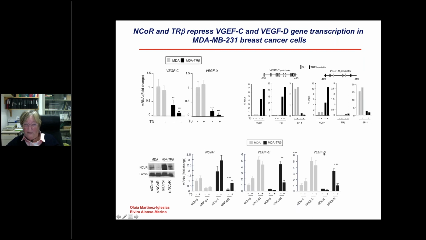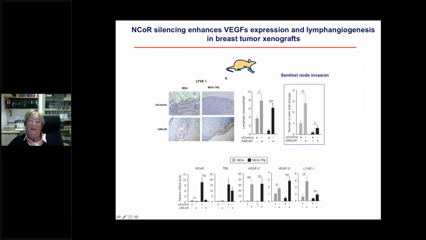Then we looked at the possibility that TR-beta and NCOR could regulate lymphangiogenesis in breast tumor xenografts that were injected into the mammary fat pad of immunodeficient mice. And we looked at the formation of lymph vessels by expression of LYVE-1, which is one specific marker for lymph vessels.